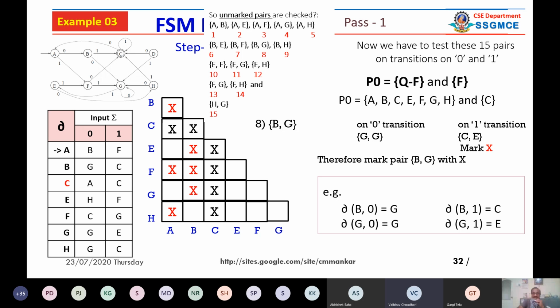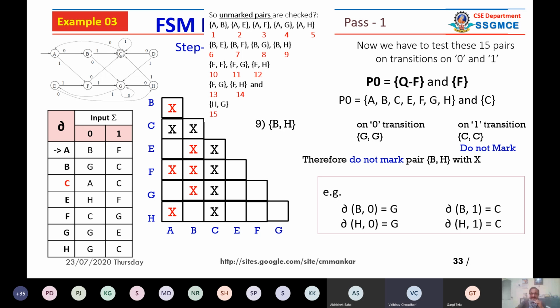So we have checked the 8 pair. Now 9 pair क्या है? BH है, like this. So BH on 0 goes to GG and on 1 it goes to CC. अब इसमें क्या हो गया? GG is on left side and CC is on the right side. But there is no differentiation.